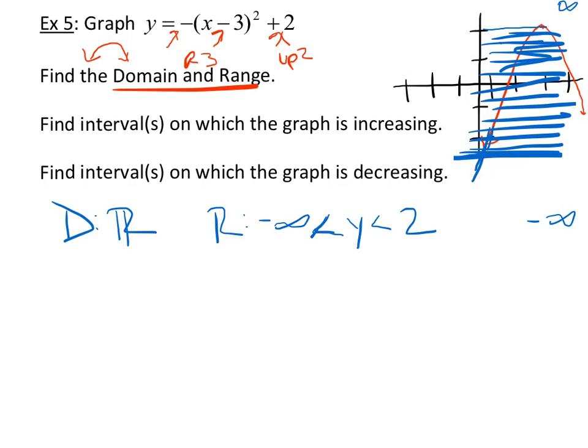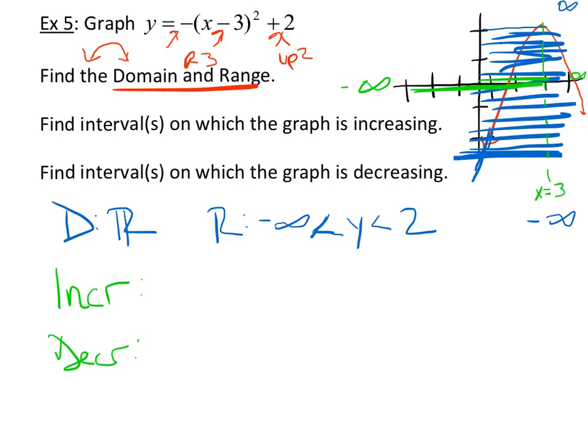Now it's time for increasing and decreasing. I locate the highest point, and that's this point right here, and coming down, and I can identify that that is x equals 3. Remember that this is negative infinity over here, and this is positive infinity over there when we're talking about the x-axis.